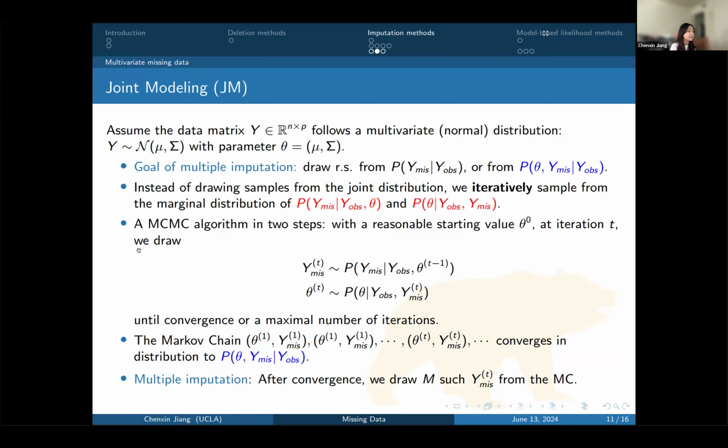In this case, the MCMC algorithm is applied in two steps. We iteratively draw Y miss t and theta t in two steps until convergence, and the resulting Markov chain converges in distribution to the joint distribution of theta and Y miss. If we want to do multiple imputation, we can draw M such Y miss t from the Markov chain after its convergence.